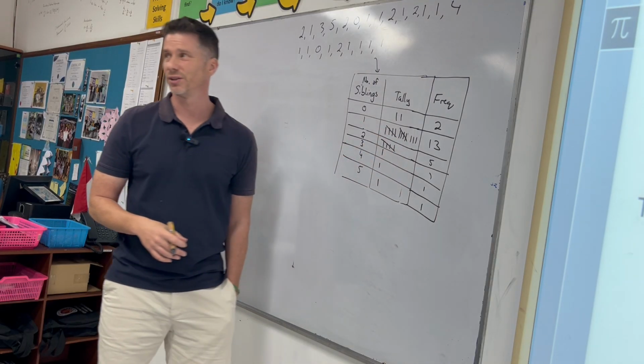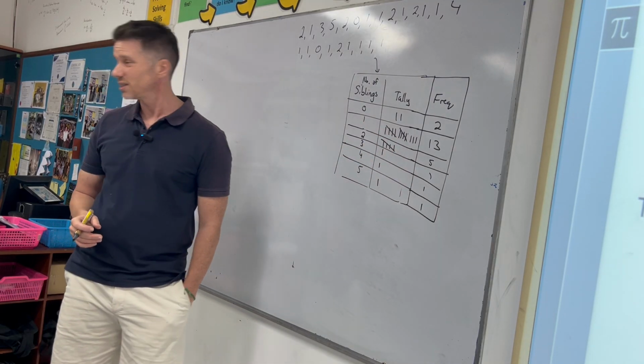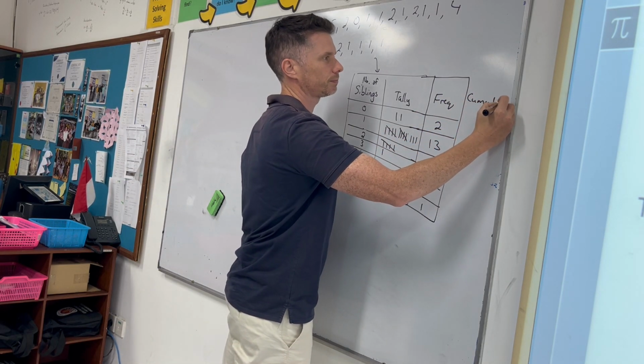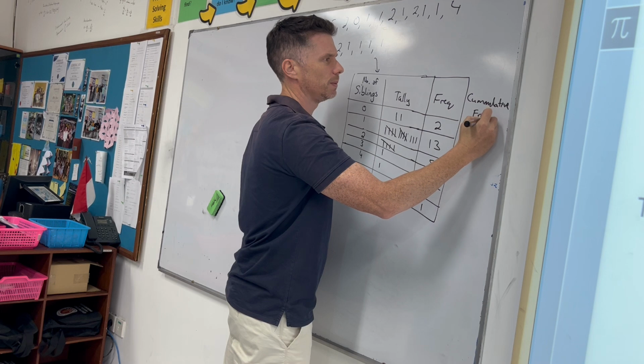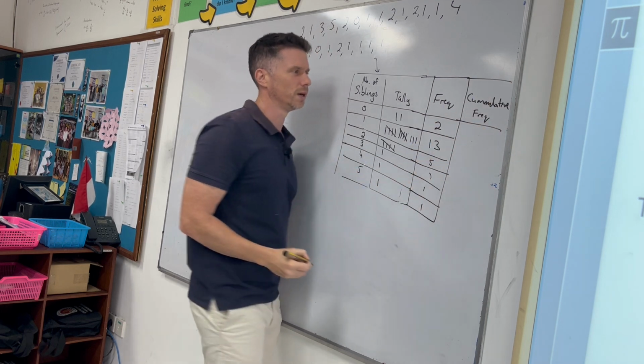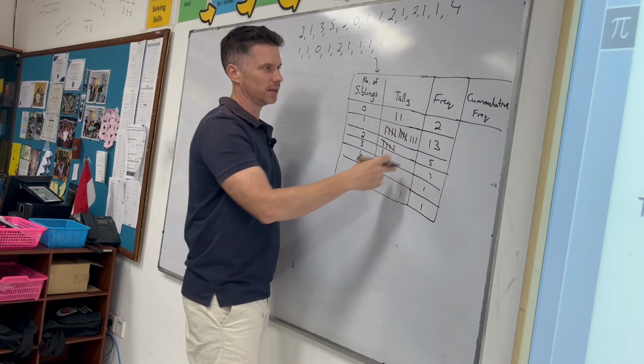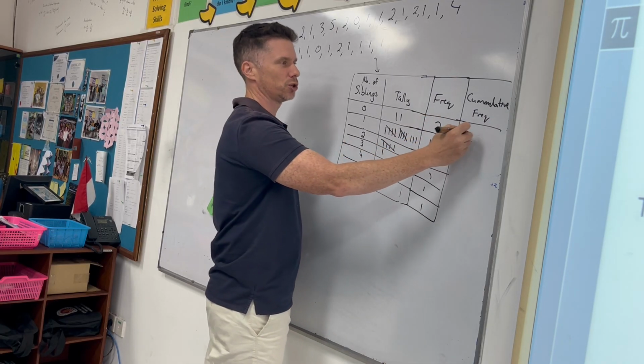There's actually something called a cumulative frequency table, which will come up maybe in one of the tasks on my maths, where you have to add up as you go along, which is kind of a strange thing to do. Maybe it creates a line graph. But anyway, there's 2 here.